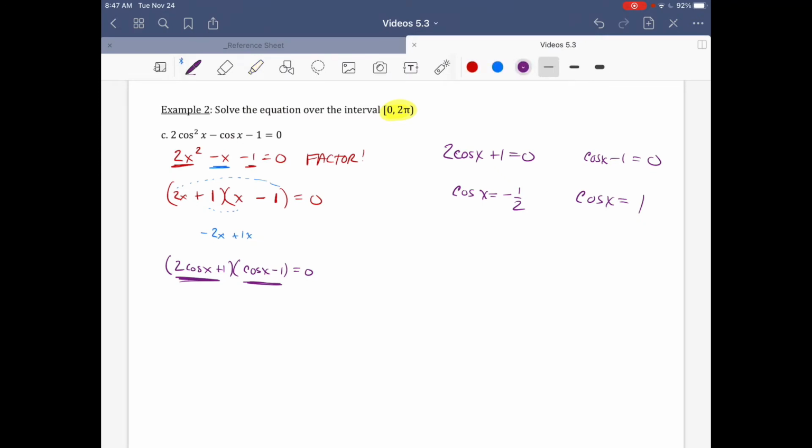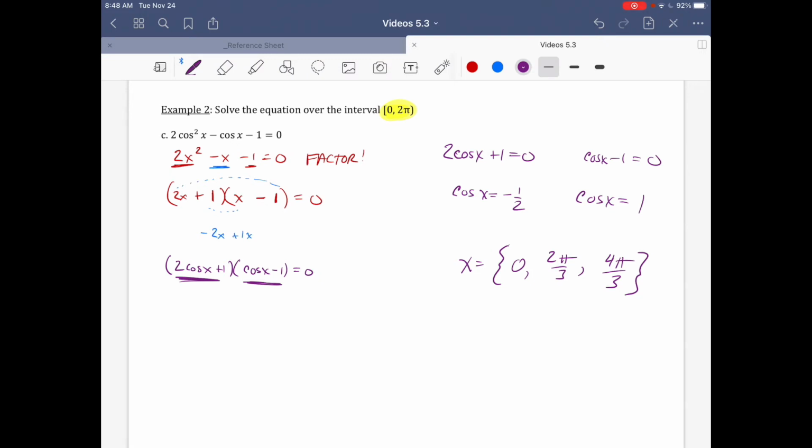So if we're just simply solving on 0 to 2 pi, we've got 0, we've got 2 pi over 3, and we've got 4 pi over 3, and we can write that in our fancy schmancy curly braces for set notation, and be done with it.